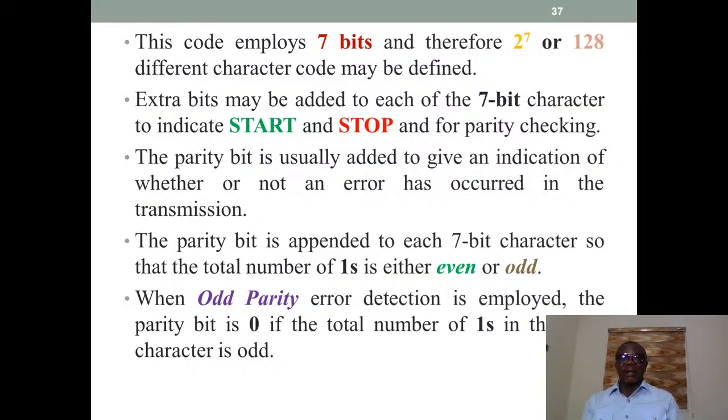If at the receiving end, the receiver receives a corrupted signal and the number of ones is not odd, the system automatically knows that an error has occurred. It will find where that error has occurred and correct it.